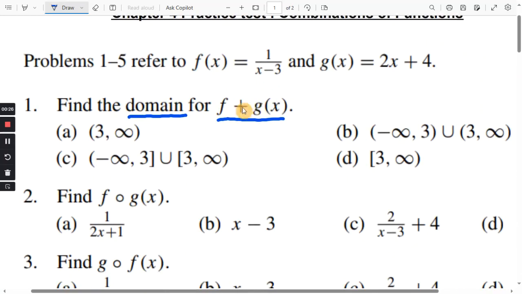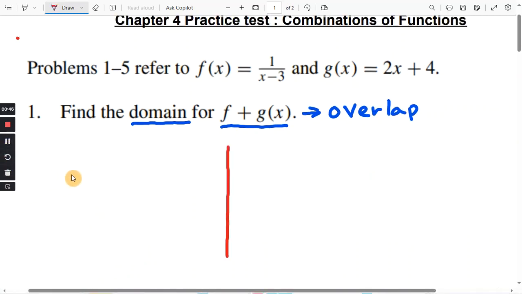Now, do we actually have to find f plus g of x? No, we just need to find the domain of each function and then take the overlap for the domains. All right, so let's look at the domain for the f of x function.